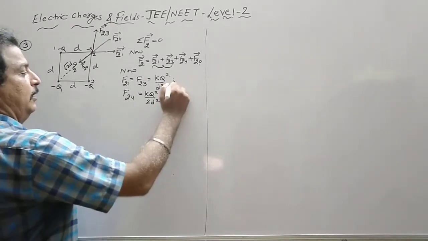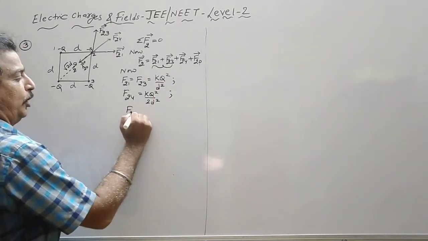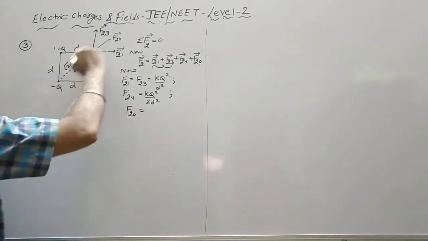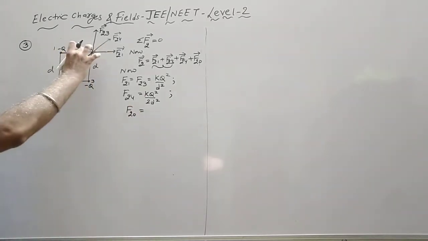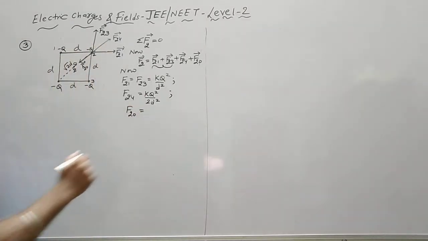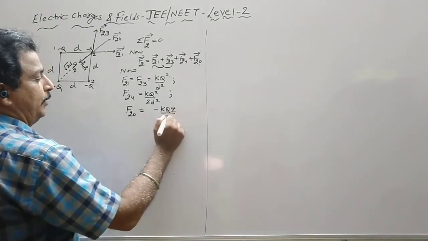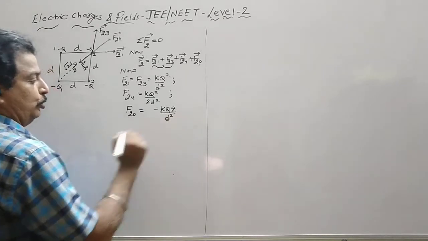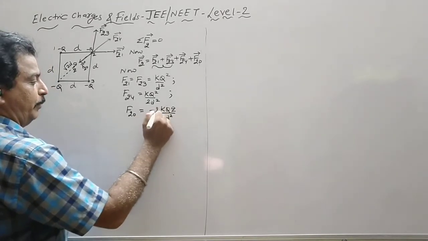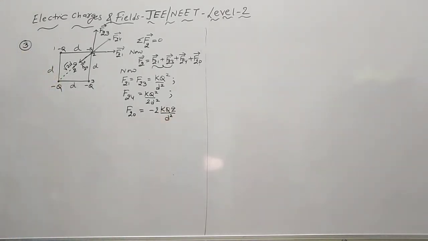And F2 naught, that is half of this. This distance is d by root 2. So k q q upon d by root 2 whole square, that is d square by 2. So these are the magnitudes.